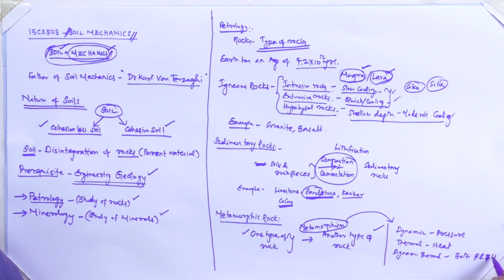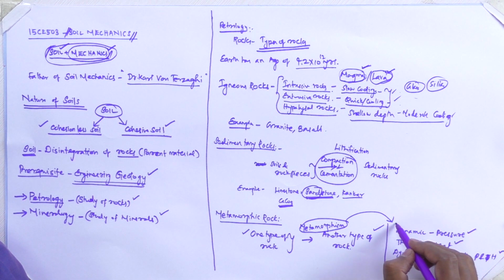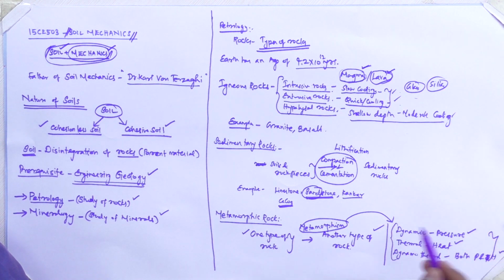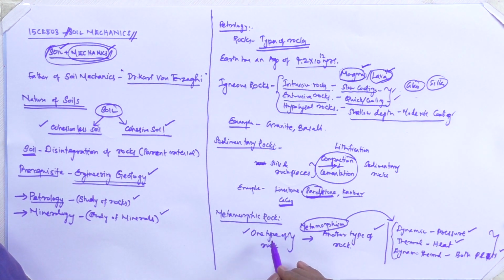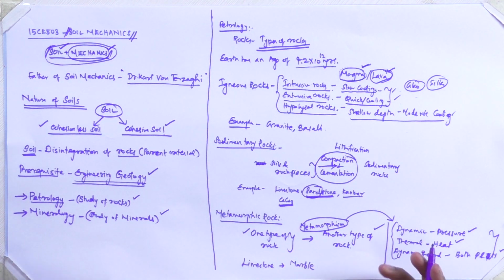So metamorphism takes place either by pressure or by heat or by both. Any of these three processes can change one type of rock into another, which means the chemical structure is changing into another. What is the example for this? Limestone is changing into marble because of this metamorphism process.